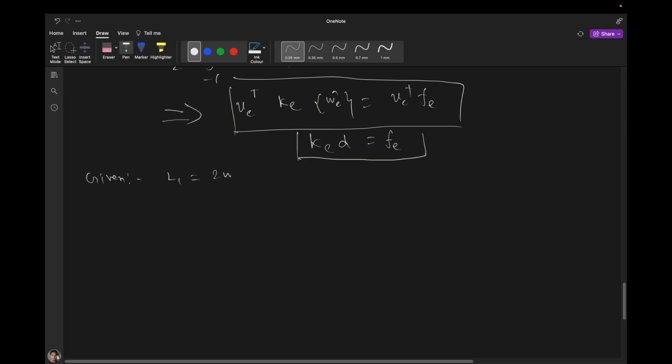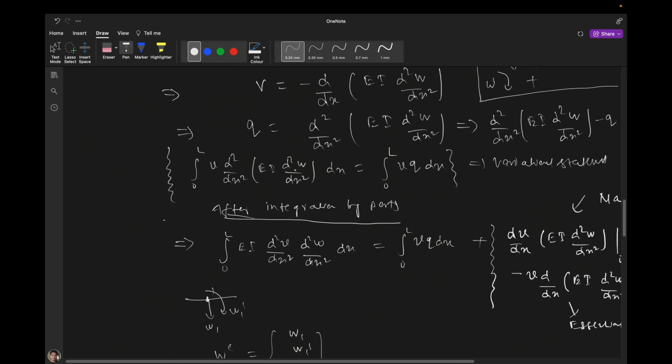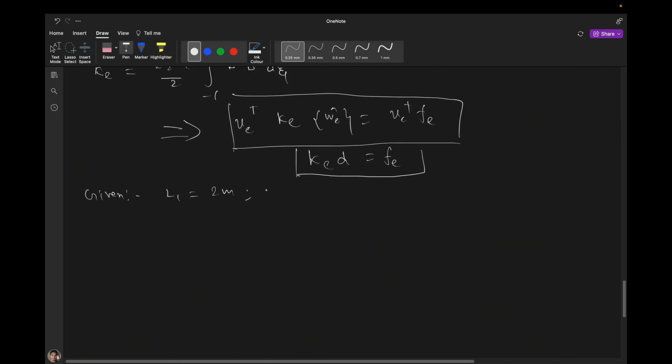L1 equal to 2 meter, L2 equal to 2 meter, L3 equal to 1 meter, L4 equal to 1 meter, E equal to 210 GPa, I is 0.5 into 10 to the power minus 6 meter to the power 4.